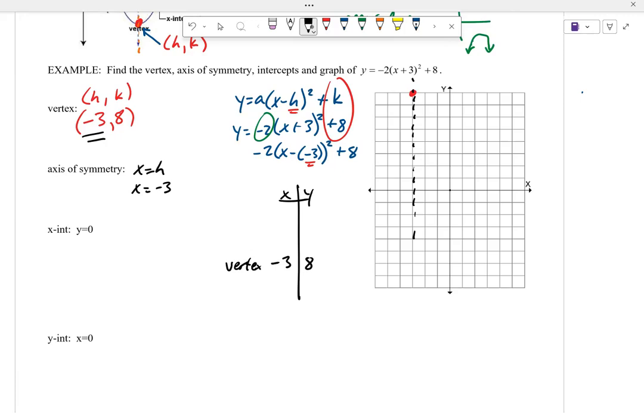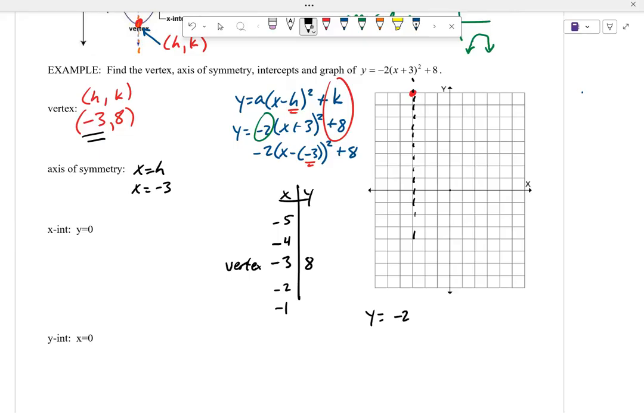Remember, the axis of symmetry goes right through the vertex. So pick a couple points to the left of that x value, and a couple points to the right. Then you can plug them in one by one and get another look at this.